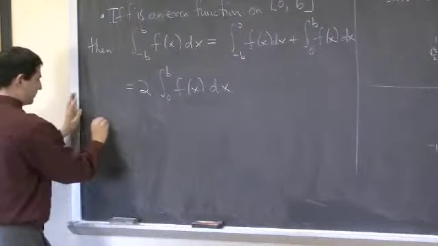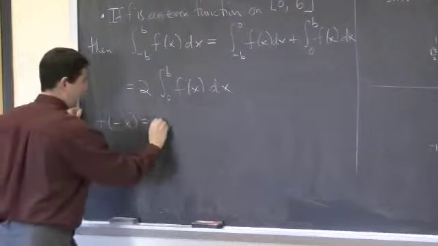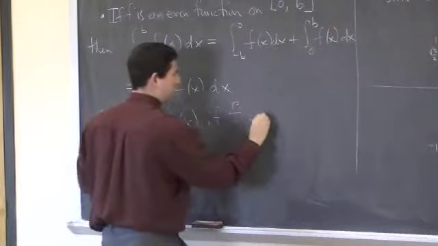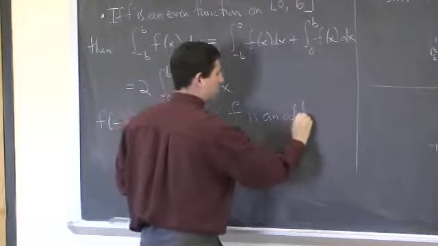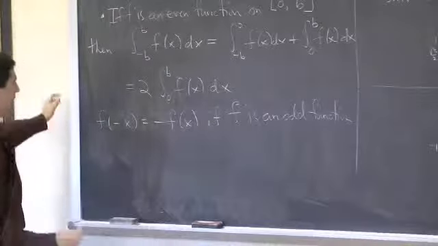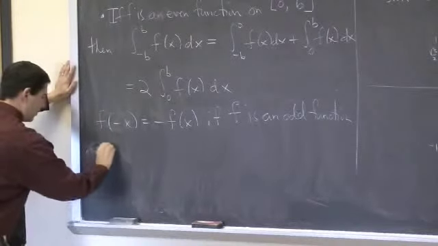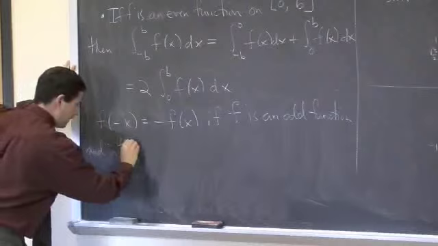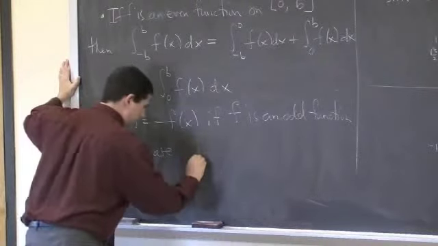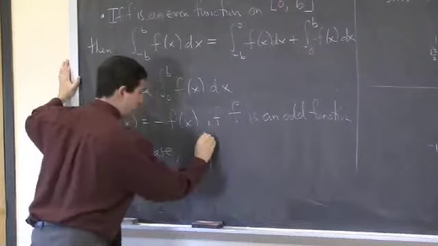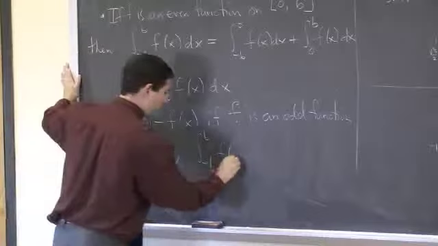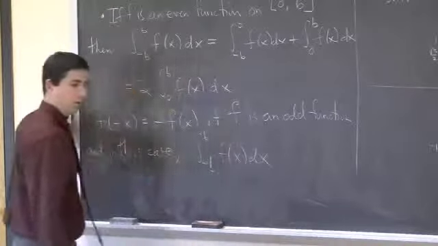So remember, okay, f of minus x equals minus f of x if f is an odd function. And in this case, the integral from minus b to b, again we'll say f is odd on 0 to b. What should this integral equal?